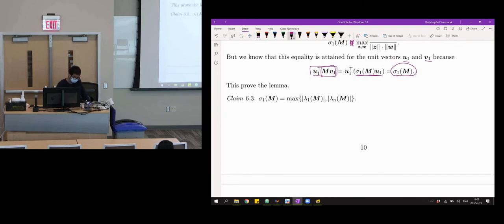And also, the first singular value of M is nothing but the following.